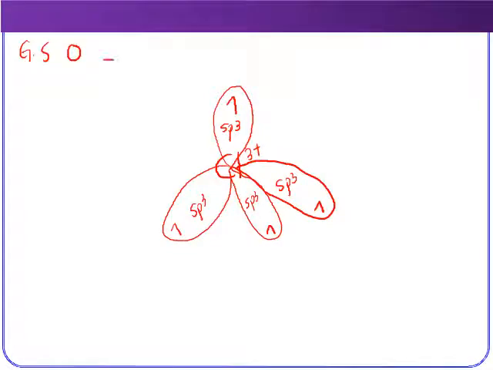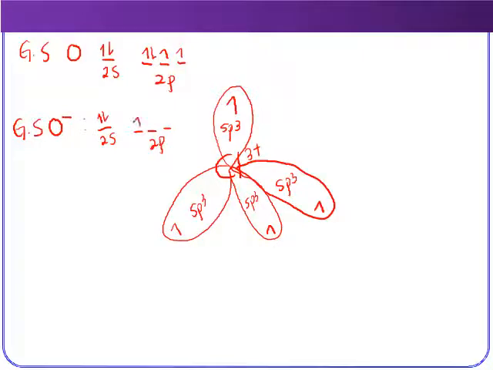Then we need to do the orbital diagram for the ground state of oxygen. As we know, oxygen is in period 2, so it only consists of 2s and 2p orbitals. Each oxygen has 6 valence electrons, so they have 2 unpaired electrons. But if you still remember, we calculated the formal charge for oxygen as O negative, which means the oxygen gains 1 electron.